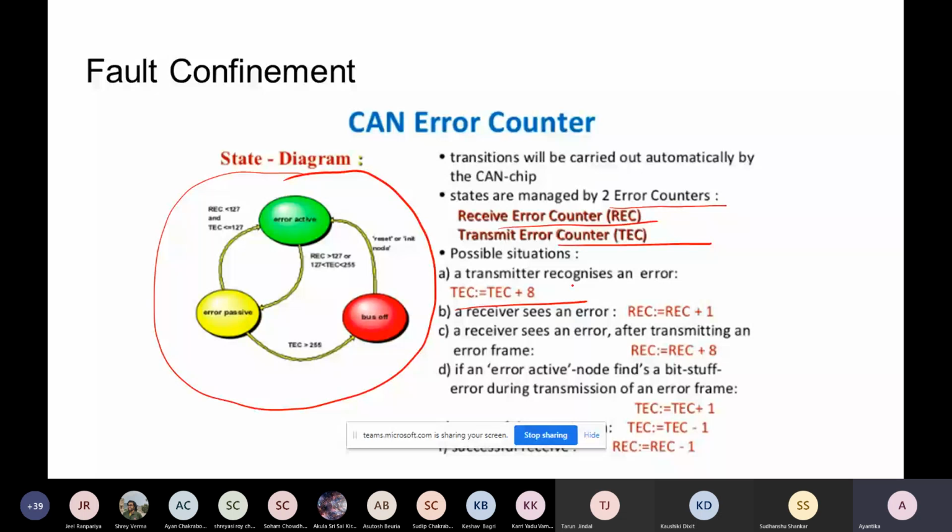Whenever a receiver detects an error, it increases the receive count by a particular value.